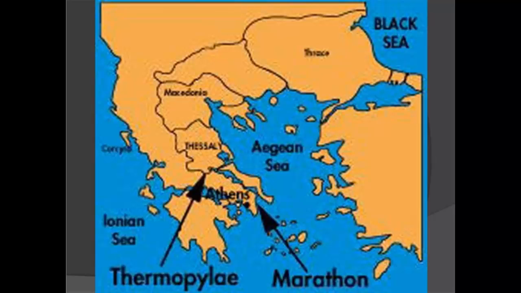And just to the left of that is Athens, about 26 miles away. Athens was in control of this whole area, but the Athenian army knew that the Persians were coming. So they got all their troops together that they could, and ran for the shoreline to try and head off the Persian forces.